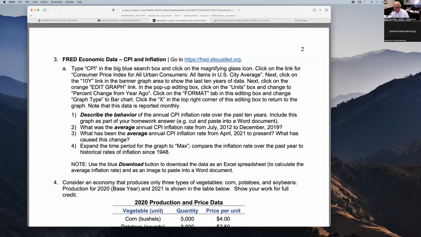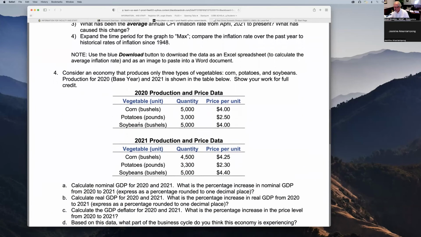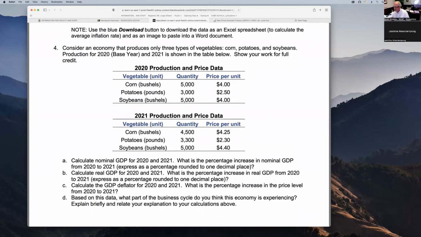So back to number 4, when I calculated the real GDP growth rate and it was negative. Not the GDP itself, I meant the growth rate.